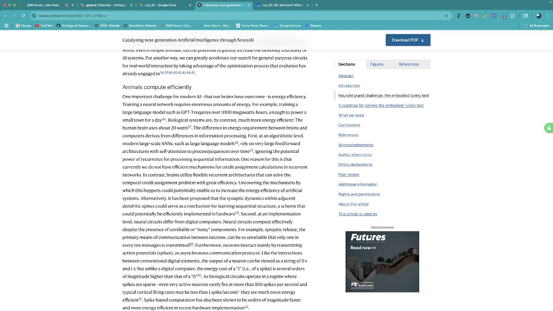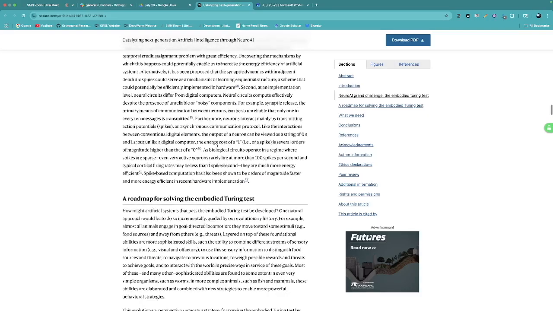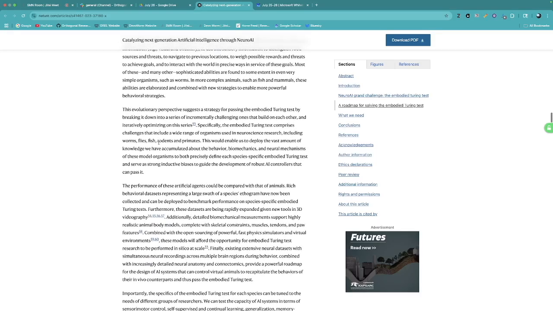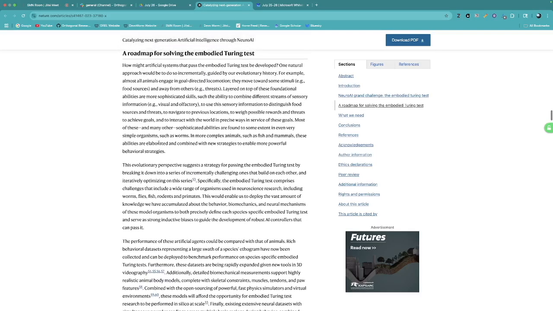So there's this energy aspect of the brain. Biological brains use relatively little energy to produce these kinds of behaviors that they do. And so these are all things that need to be incorporated into an embodied Turing test and allow these artificial agents to perform at levels similar to their counterparts in nature.